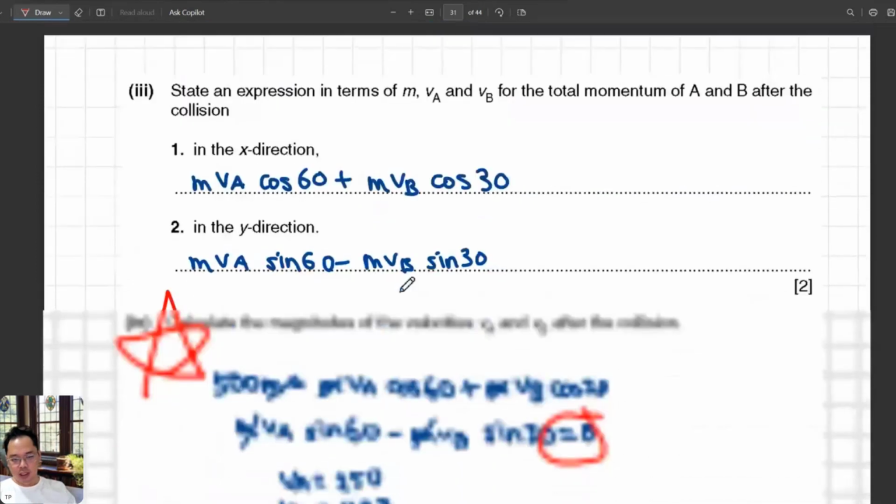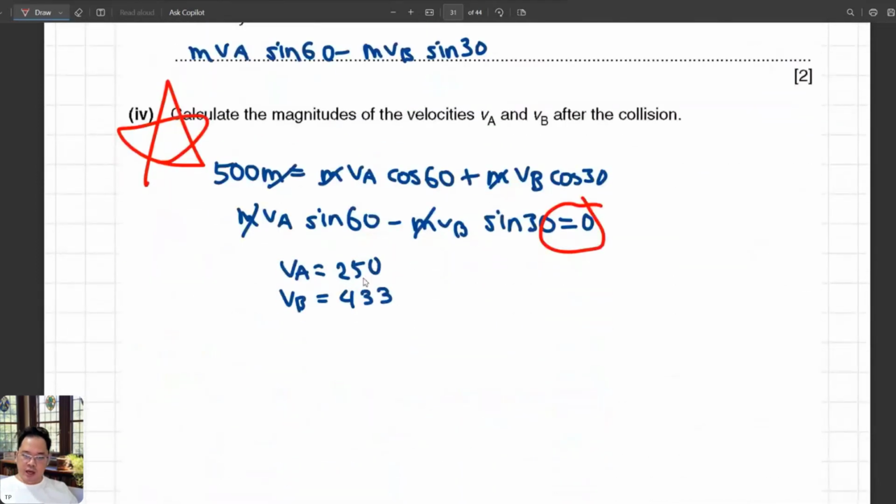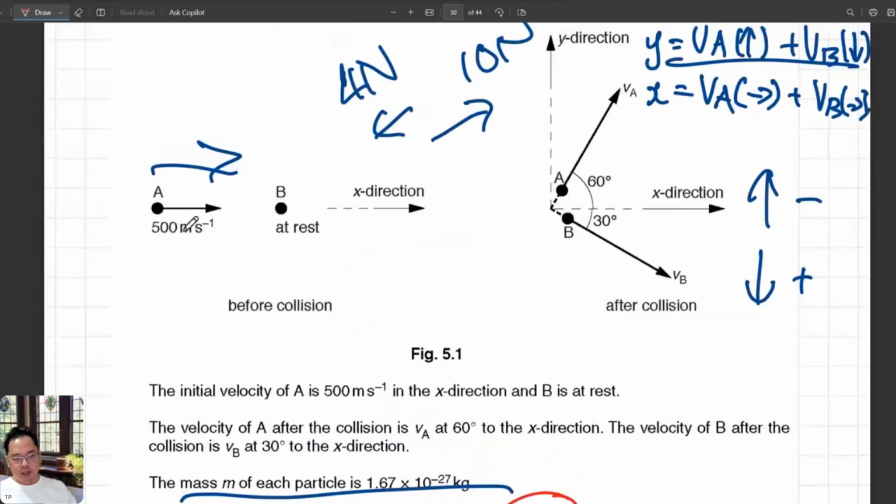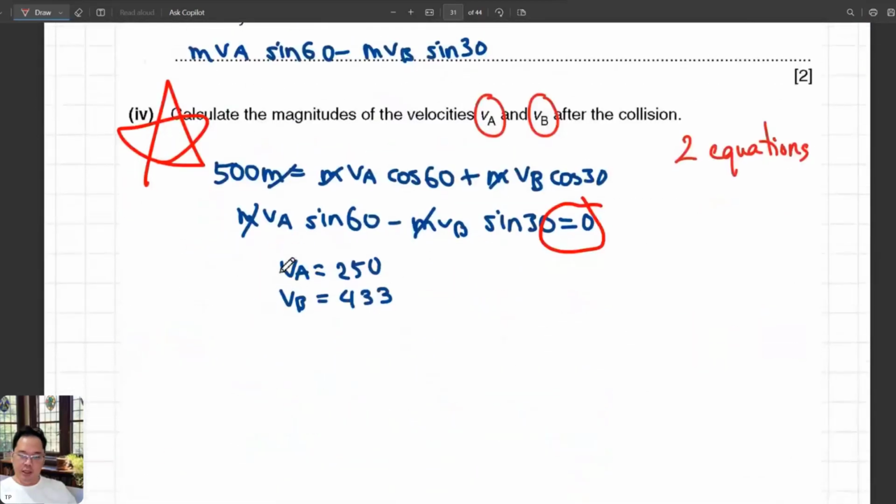That's normal. To find the two unknown variables VA and VB, we need two equations. One equation is the conservation of momentum. The mass of the particle, 1.67 times 10 to the power minus 27 kilogram, times the speed 500 meters per second, is the initial momentum, equal to the final momentum.